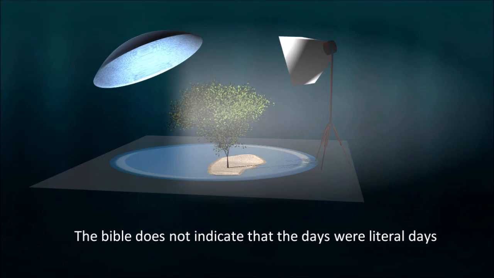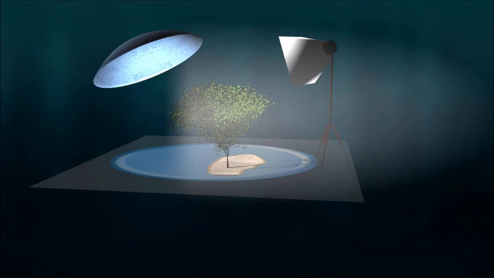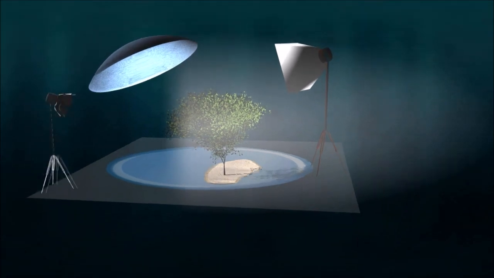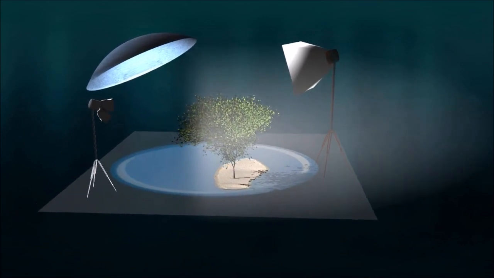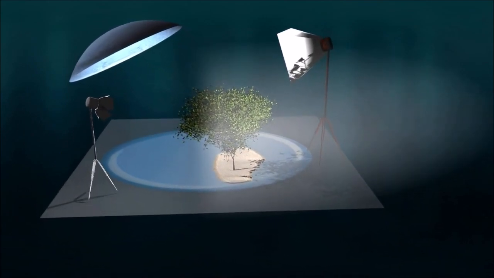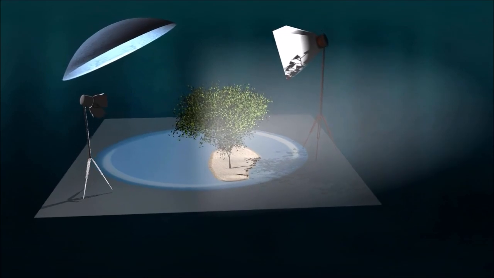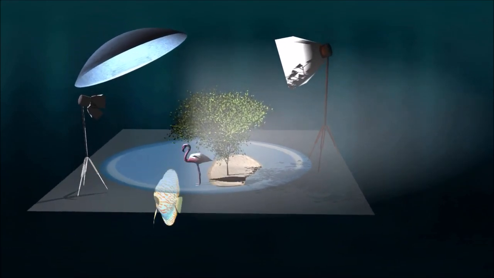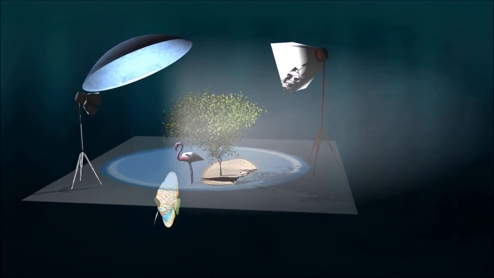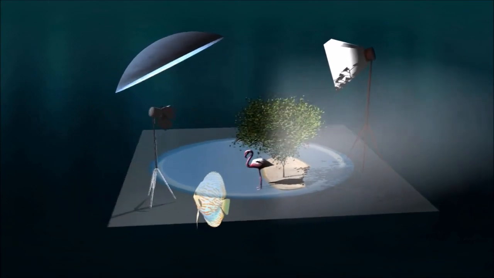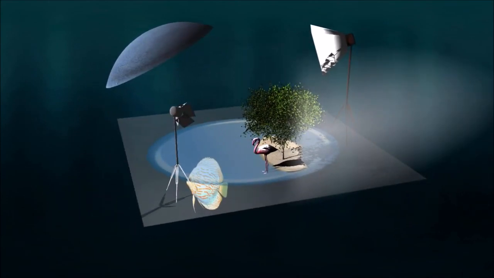So obviously this light source must have been rotating, must be turning, because it says a day, a second day, a third day. And then on the fourth day, He creates the sun. And it's the sun that gives us the hard light and gives us the heat. And then on the fifth day, He created the birds and the fishes.